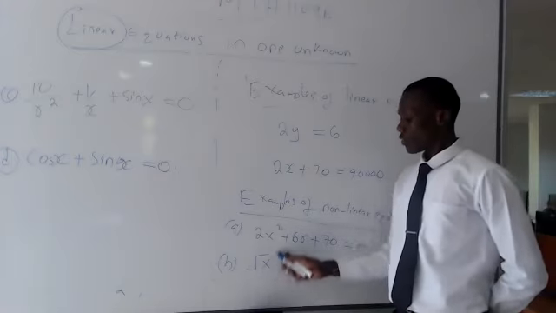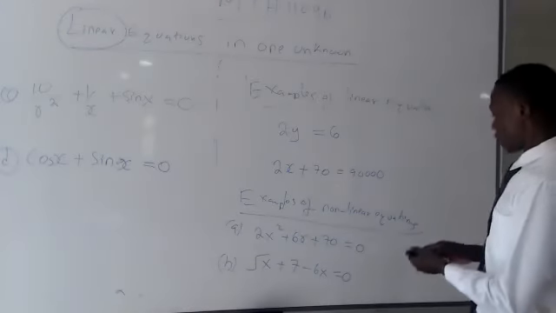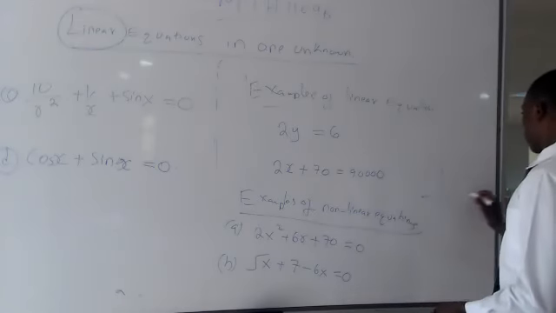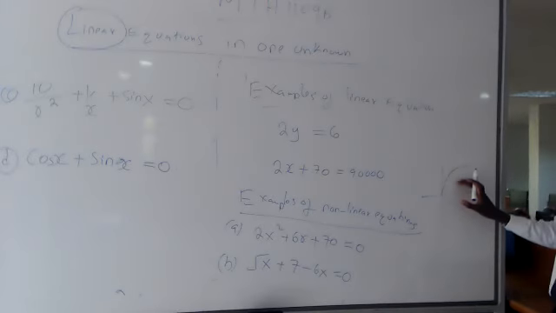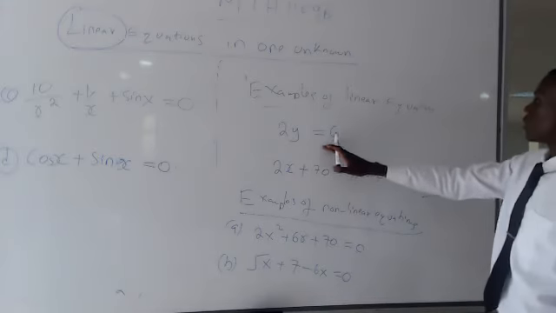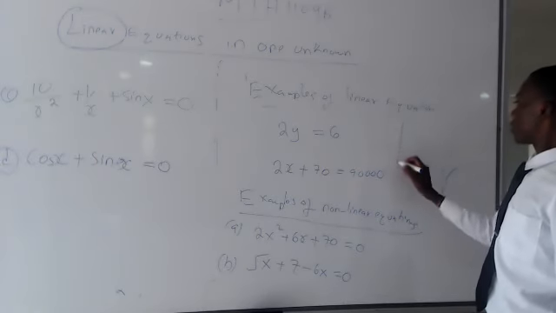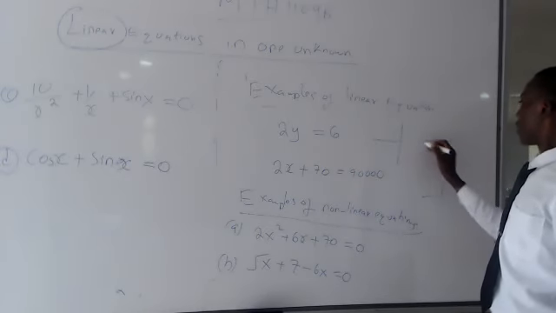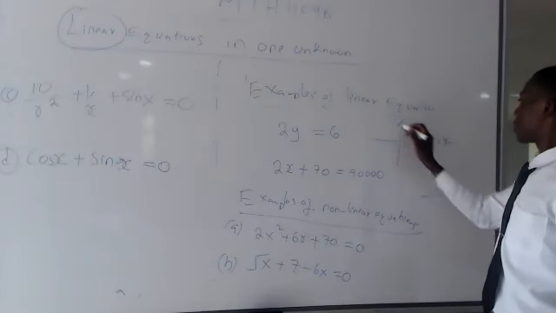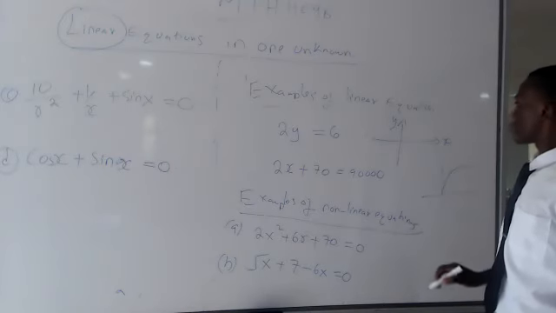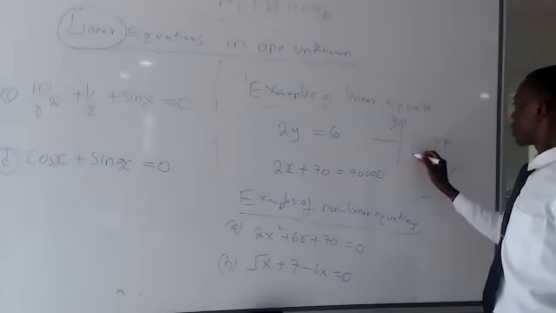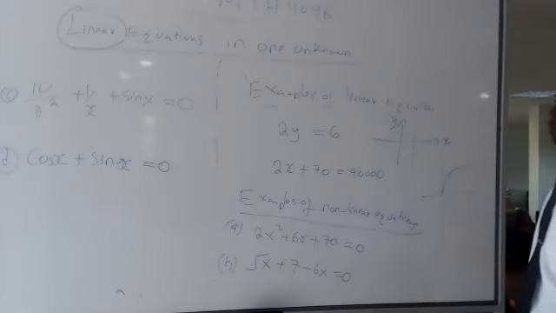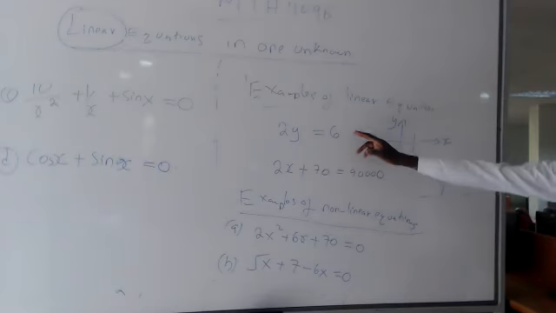Actually, if you draw the graph of the root symbol, it's the graph of the square root. It's not a straight line. It does something like that, and this is not linear. For linear equations, the graph will be linear. For example, this one, if I have this as x and I have this as y, the graph will look like that. That will be the graph of this equation.